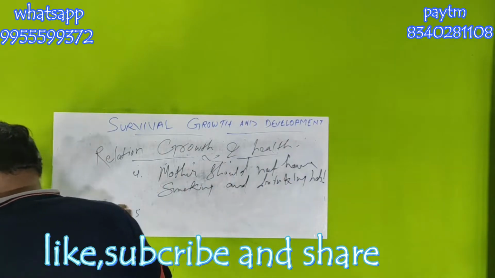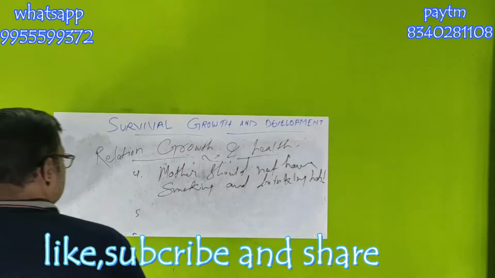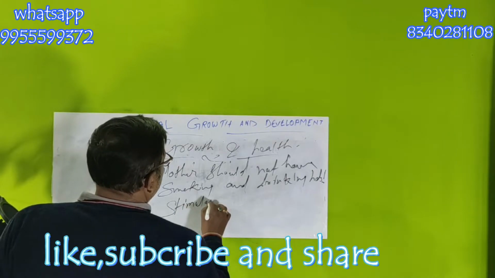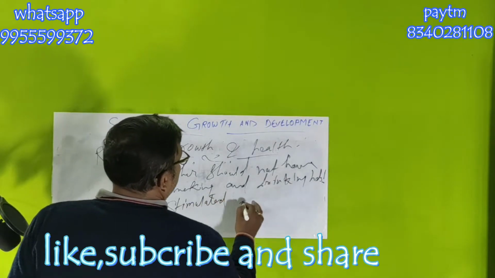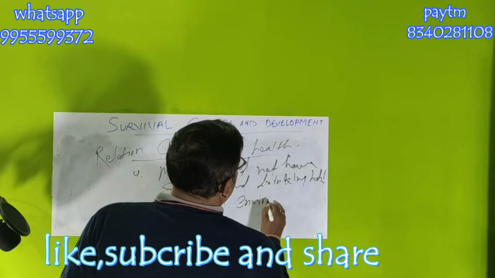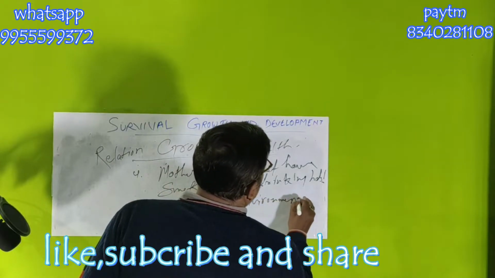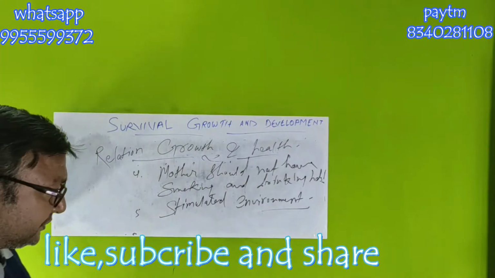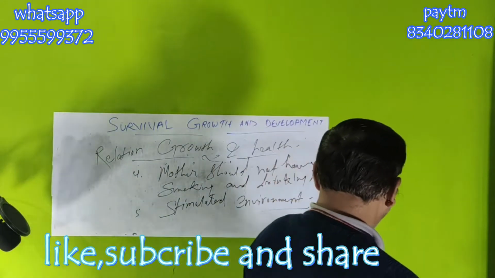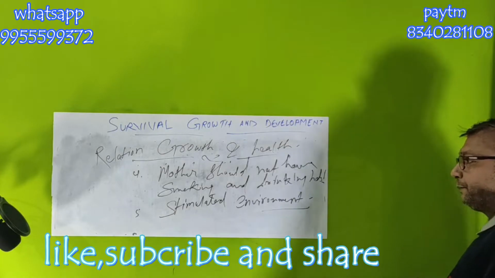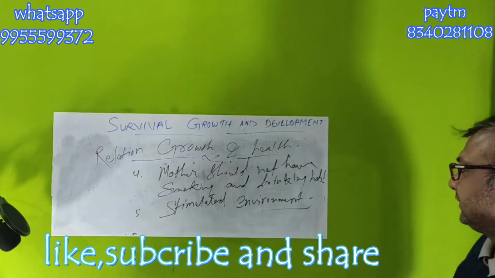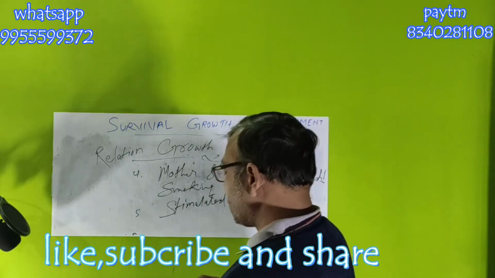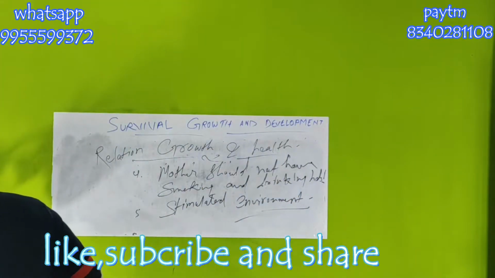And fifth, the child should have a stimulating environment. A stimulating environment means the condition in which the baby or child has proper growth. We can say that it is the best environment for the growth of a healthy child.